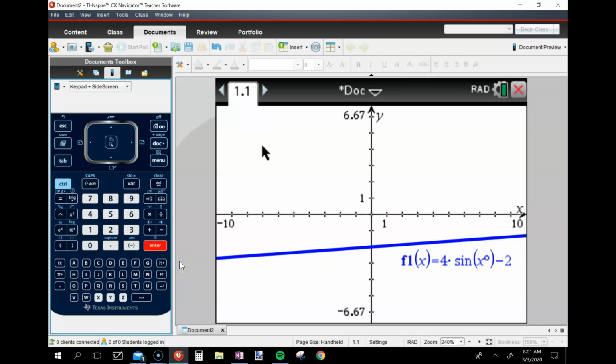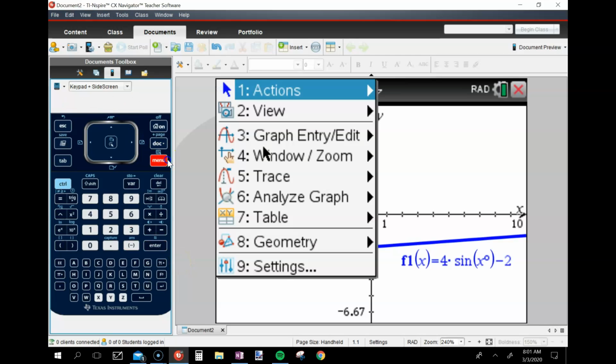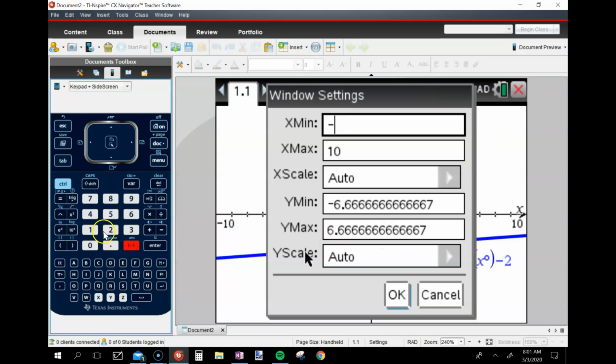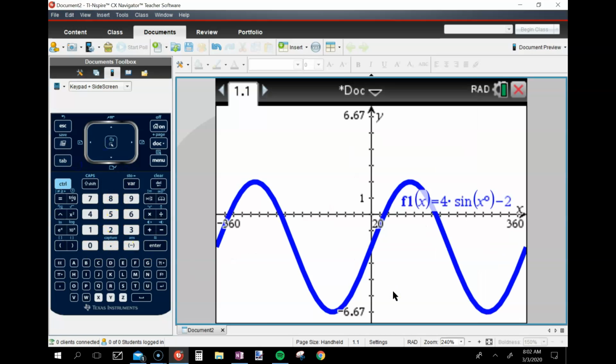But the problem is that I can't see my graph, so I need to change my window, negative 360 to positive 360. Now, if I look at my paper, does my paper match up with what's on the screen? It ought to, right?